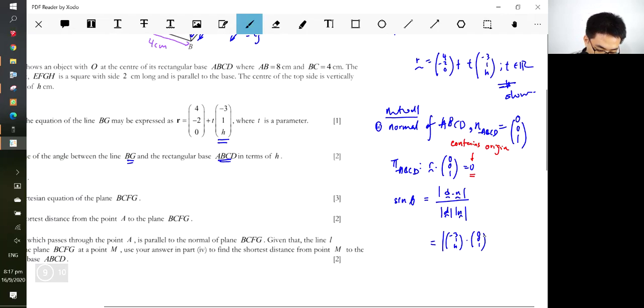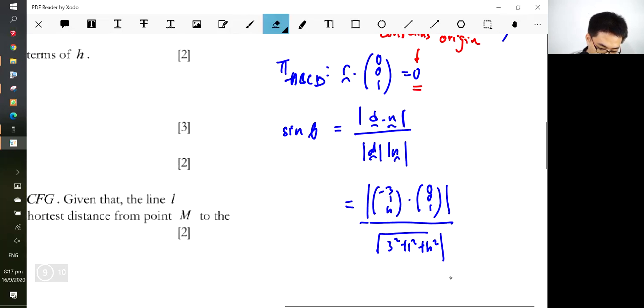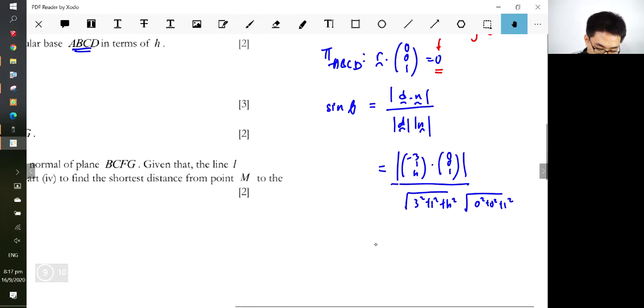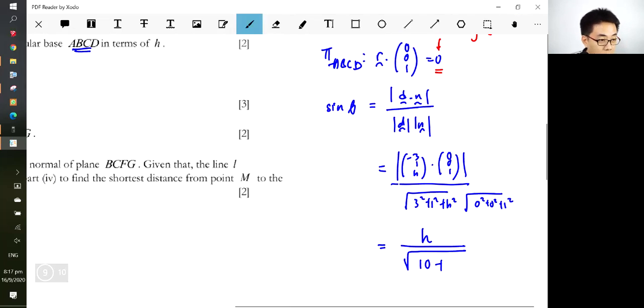This will be modulus, modulus. Then this will be h over square root of 3 squared plus h squared. Okay, that's how you do it. Yep, sine theta.